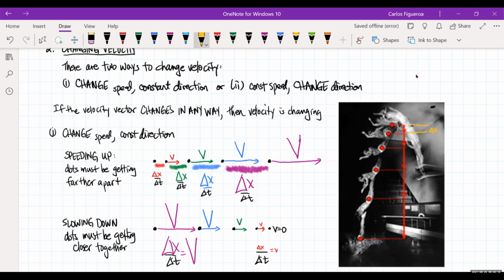That spacing is small between the dots. But if I look at this spacing here, you could see here that the spacing is big. Now, since this is a strobe image, the time between each of the dots is the same.